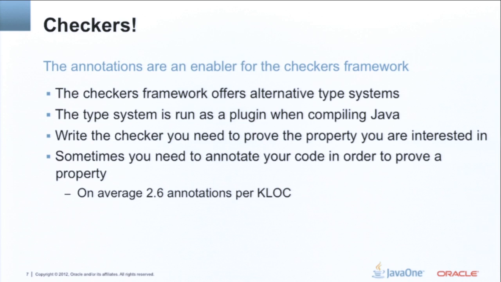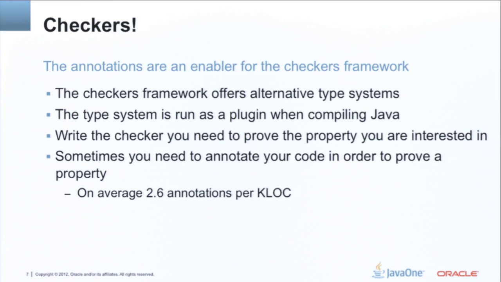The checkers framework is a way to write your own type system on top of Java's type system. This type system is based on a plugin that you write. So when you run Javac with your plugin, you can type check your program for the properties that you are interested in.